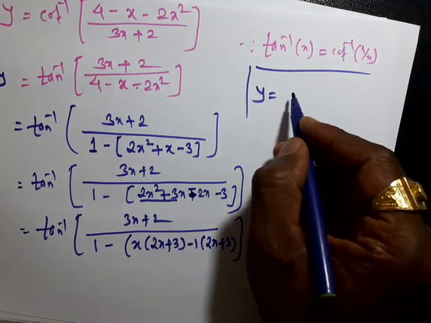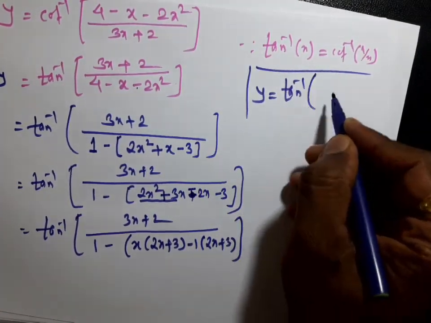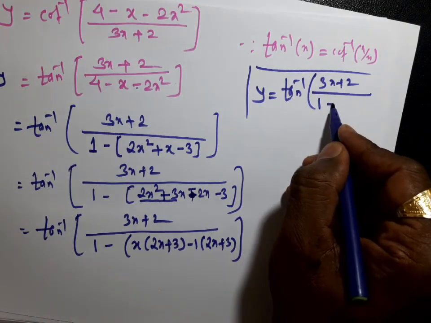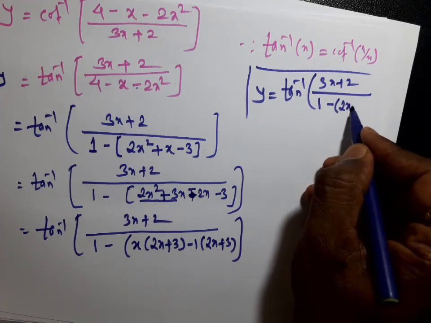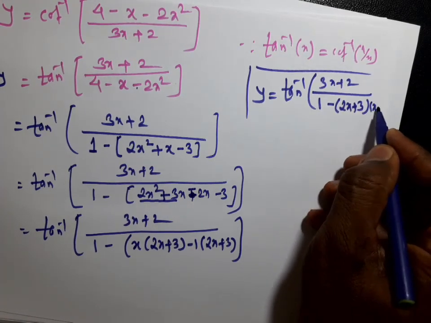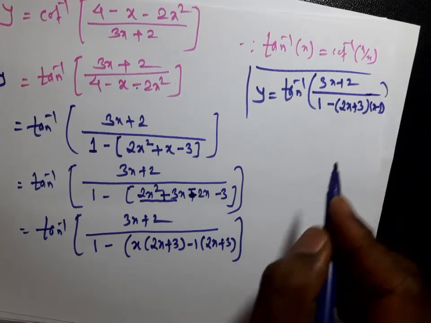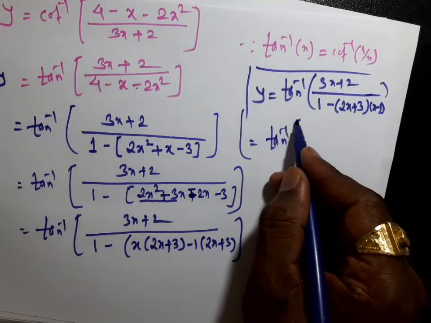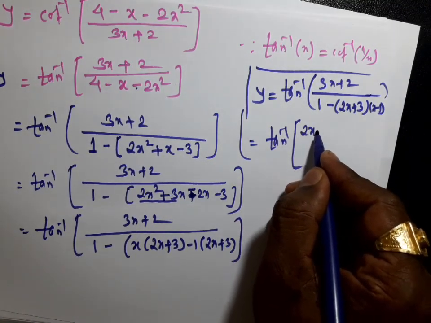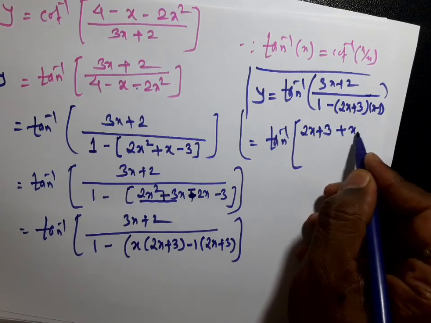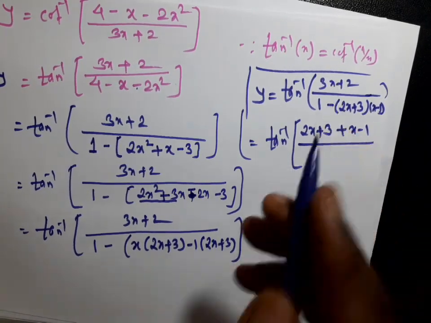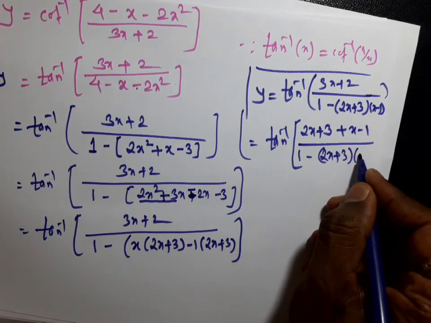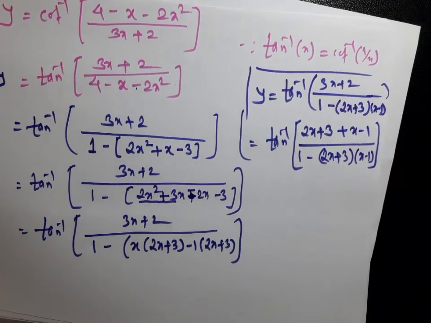So y is equal to tan inverse (3x plus 2) as it is, upon 1 minus (2x plus 3) another bracket (x minus 2). So therefore tan inverse, see the addition, (2x plus 3) plus (x minus 1) is 3x plus 2, upon 1 minus (2x plus 3) another bracket (x minus 1).